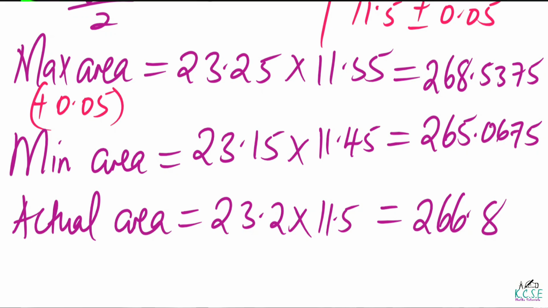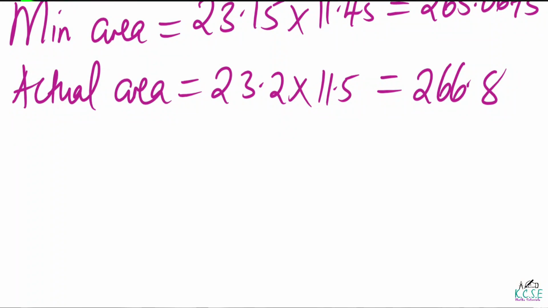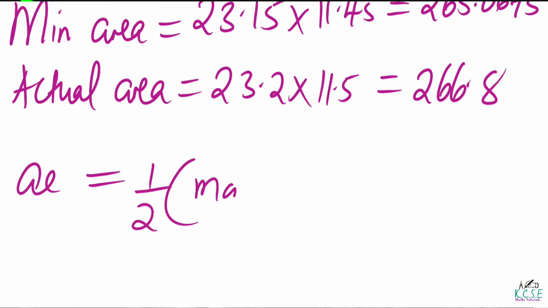Now, after getting these, as usual, the absolute error in the area will be given by half the maximum area minus the minimum area.